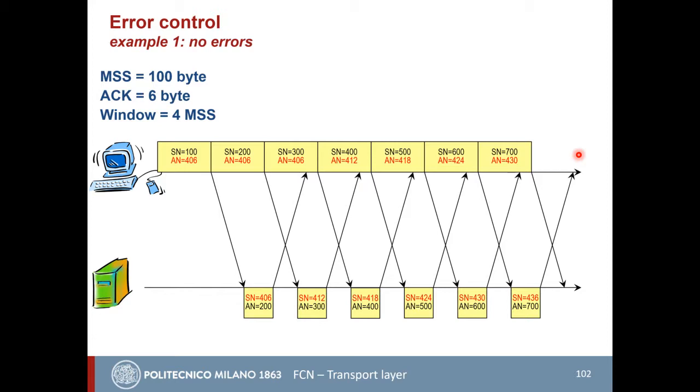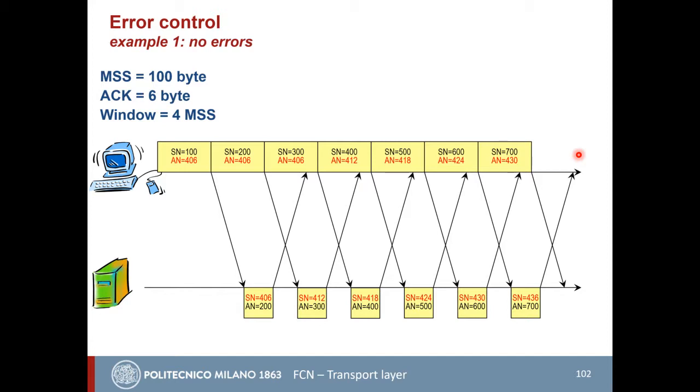In red, numbering of the flow from the server to the client. Initially, the sequence number is set to 100, so it means that the first segment sent by the client towards the server starts with byte number 100, and since the maximum segment size here is 100 bytes, and we assume that all the segments have consumed all the maximum segment size, the first segment will contain bytes from 100 to 199.